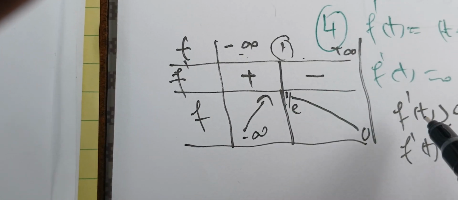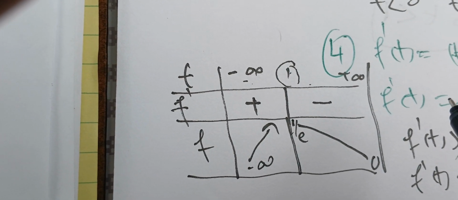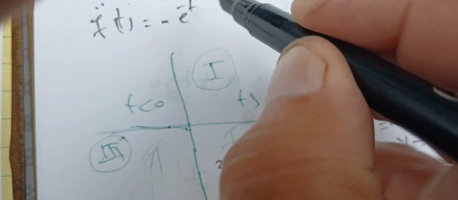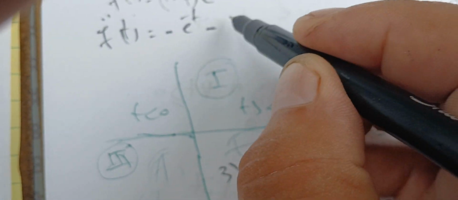Okay? Now I need to compute the second derivative. I have f prime is (1 minus t) e to minus t. And f second is going to be minus e to minus t minus (1 minus t) e to minus t.